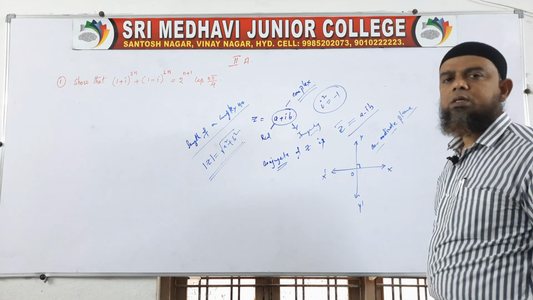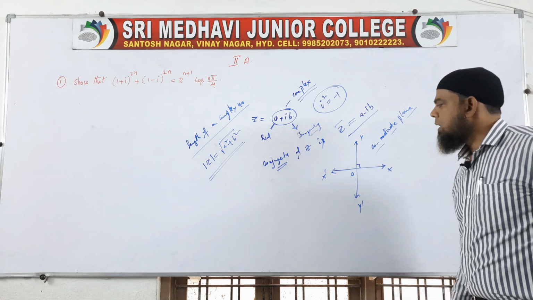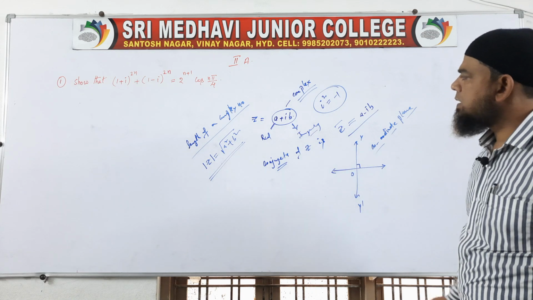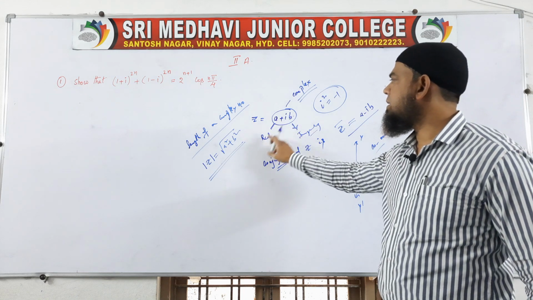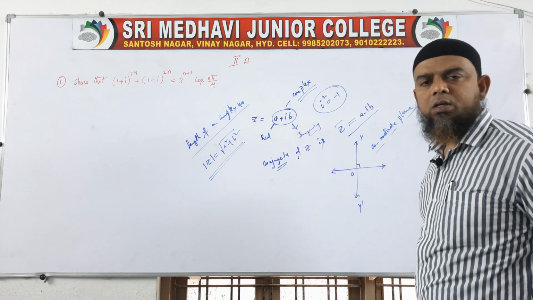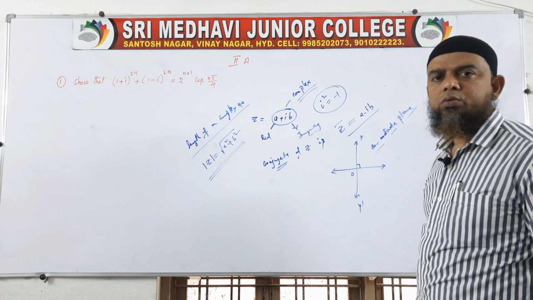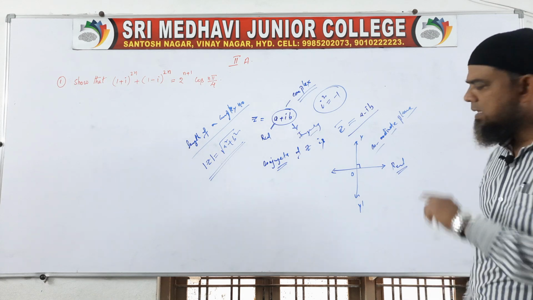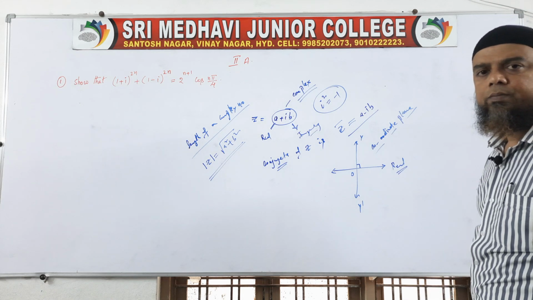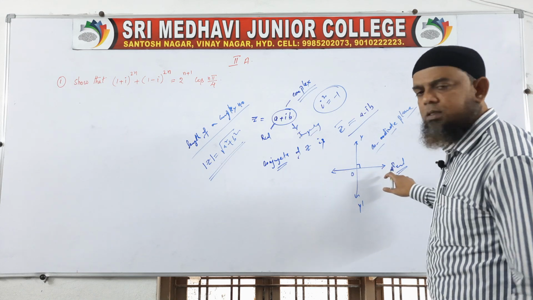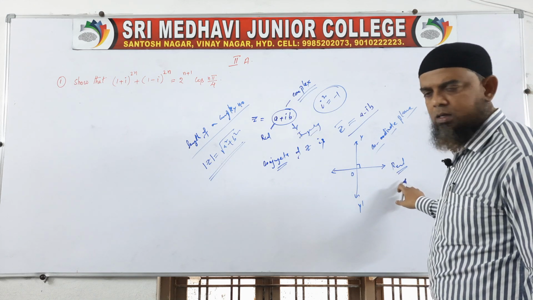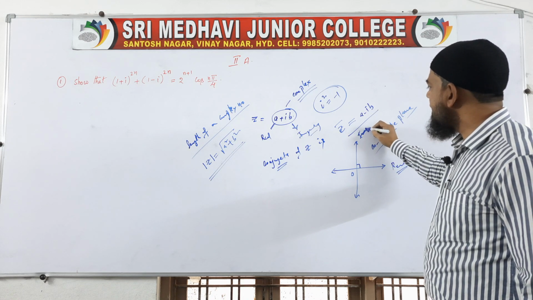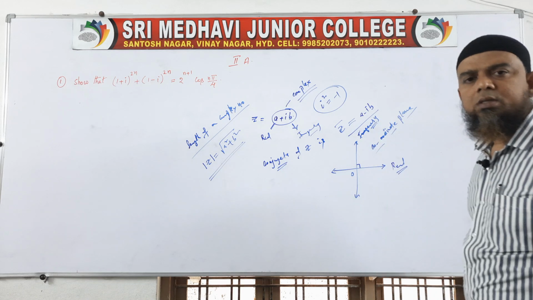But in complex numbers, a is a real number and b is an imaginary number, so where do we take the two numbers? On the x-axis they take real numbers, so that line is called the real line. Instead of the y-axis they take the imaginary line.